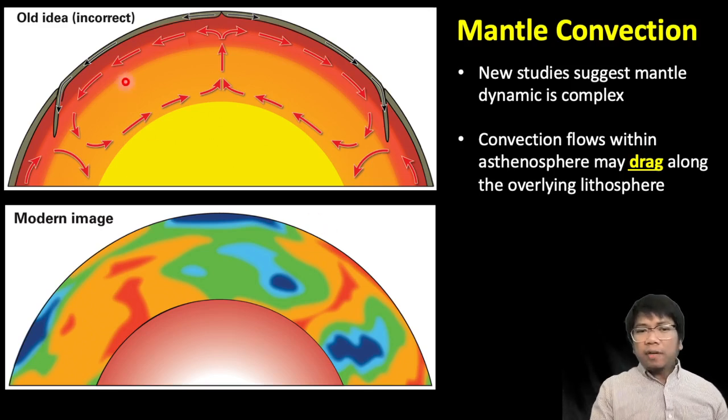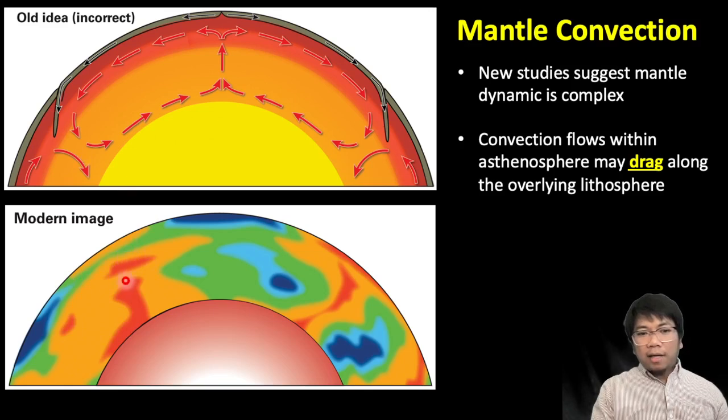When I first learned about mantle convection as an undergrad, they always showed this picture right here, but new studies suggest that mantle convection is not as simple as this. Here it looks like a very simple model, but it turns out to be much more complicated.